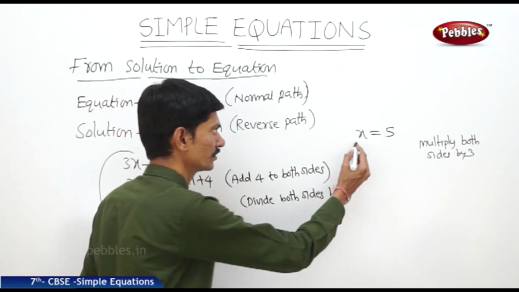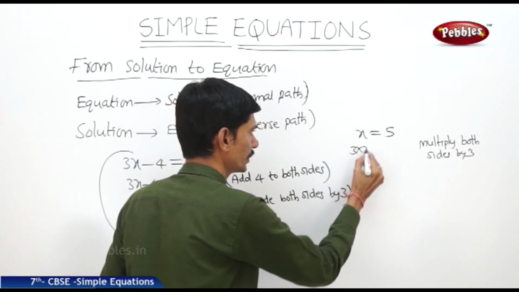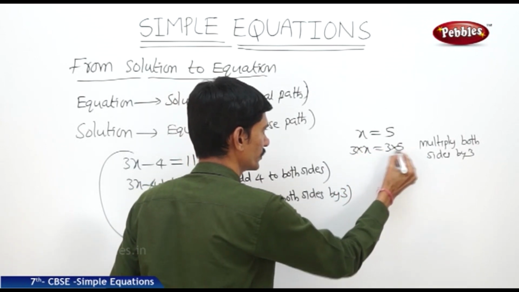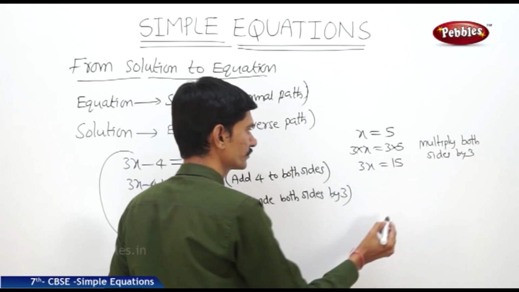Now when you multiply the equation on both sides by 3, we get 3 into x equals 3 into 5. So 3 into x is 3x equals 3 5s are 15.